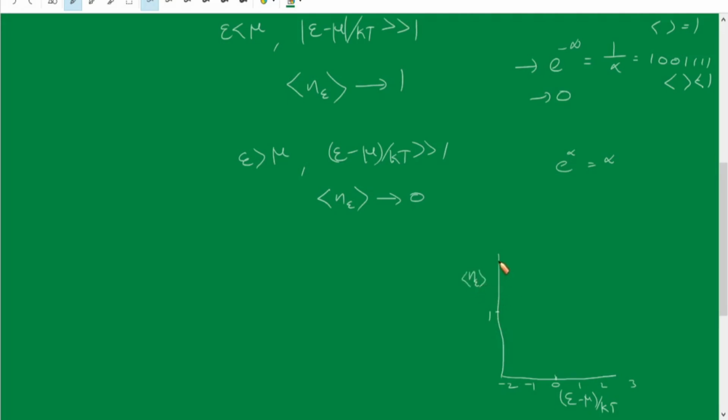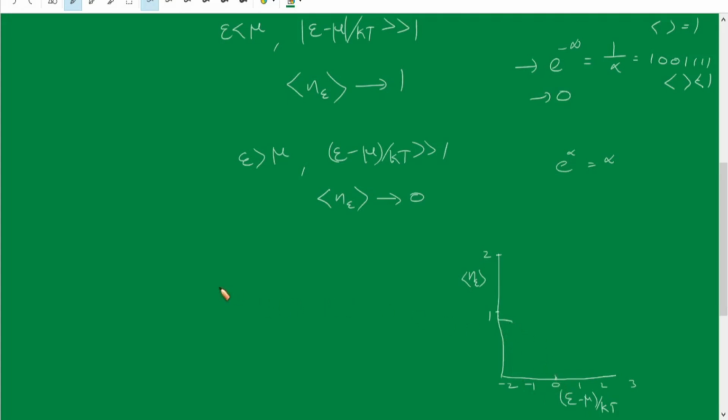Now the maximum value of the Fermi-Dirac occupation is 1, which is reached when E minus mu by kT tends to minus infinity. It would never be greater than this value 1.